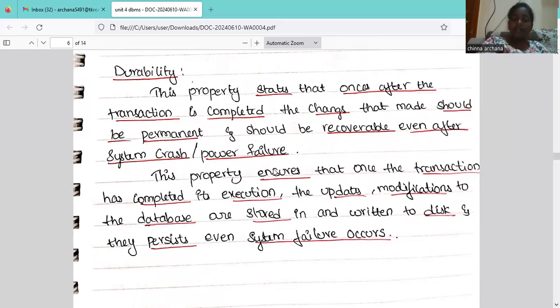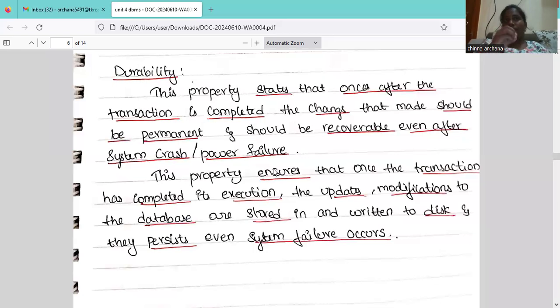See here, I'll read the statement. This property states that once the transaction is completed, the changes that are made should be permanent and should be recoverable even after system crash or power failure.